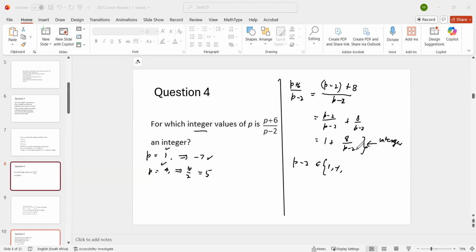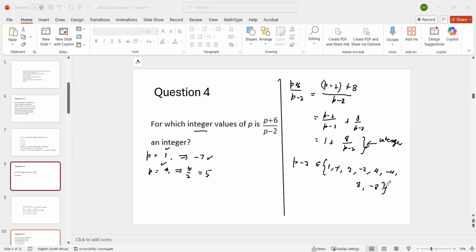So P minus 2 could be -1 because 8 divided by -1 is -8. That's an integer. And the second factor of 8 is 2 and minus 2, 4 and minus 4, and 8 and minus 8.